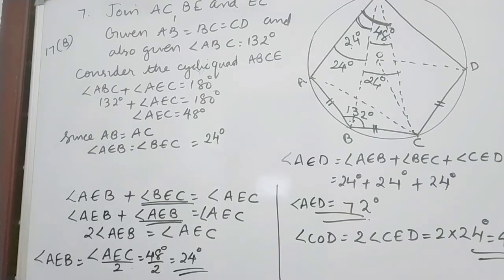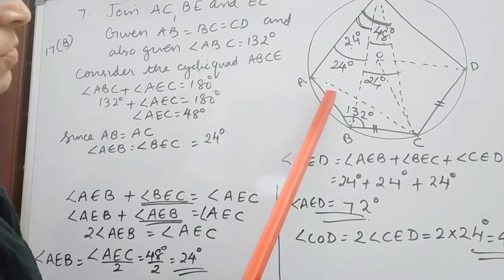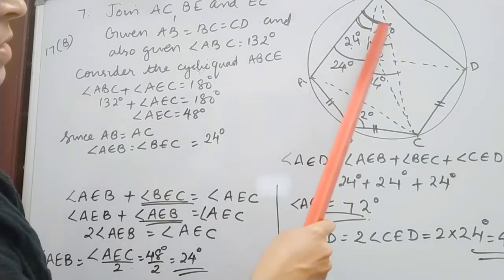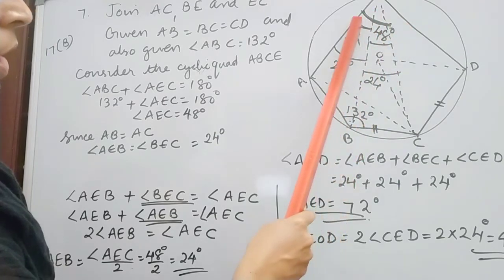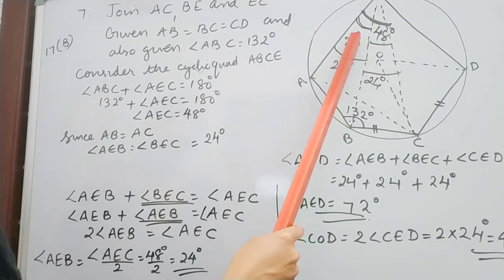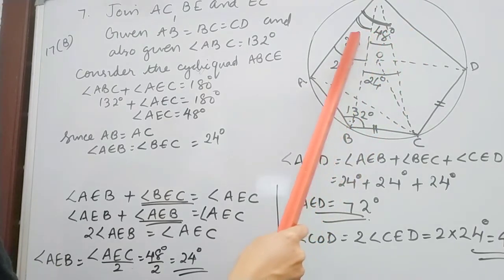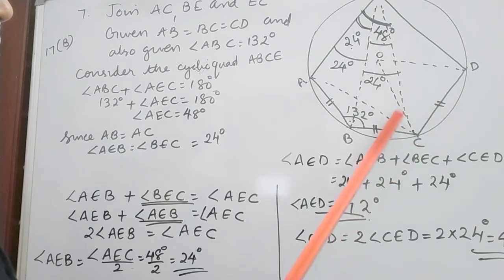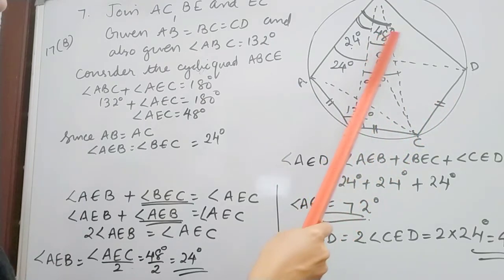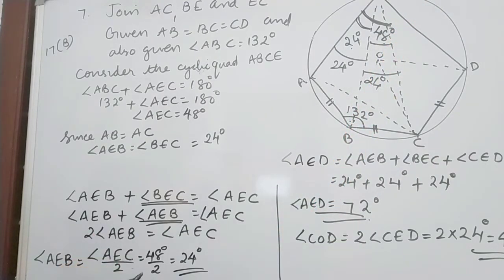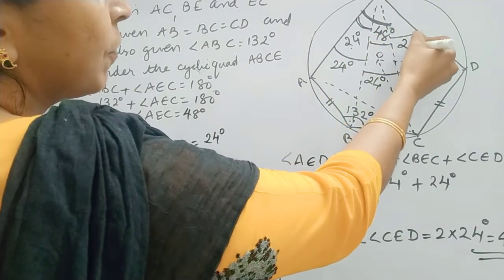Then AED. Look at AED. Since already we discussed AB is equal to BC is equal to CD, these three angles will be equal. This one is 24. This also will be 24. Since these two sides are equal, the opposite angles will be equal. So this angle also will be 24 degree.